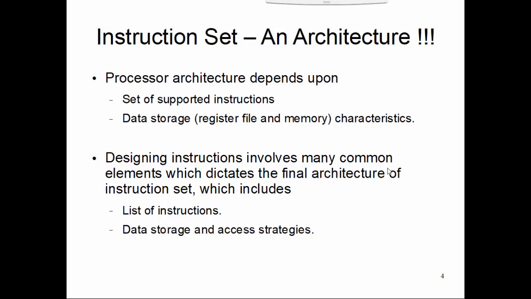There are special registers like the program counter, high and low, etc. But the question is how and what dictated that specific set of information, how was it constructed? And that is the instruction set architecture study.